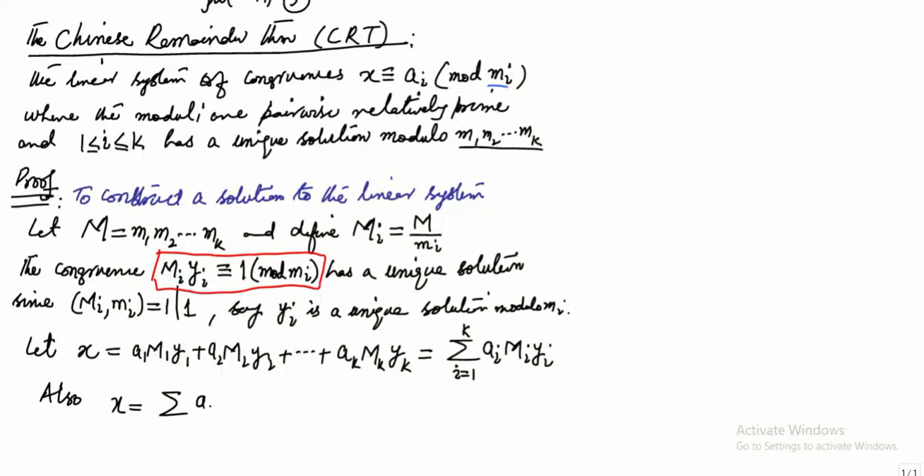So we can write the sum of ai Mi yi for i from 1 to k, but we are not considering j, so i is not equal to j. This value cannot be equal to x because we have removed the jth term from here, so we must add the jth term here. So this would be aj Mj yj.